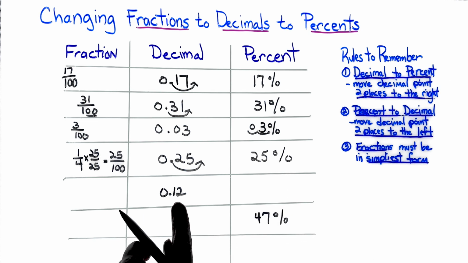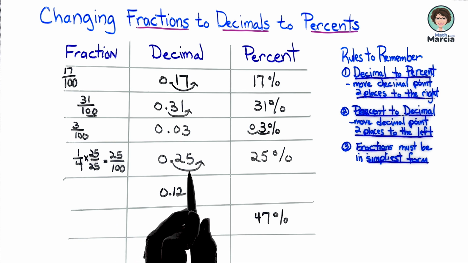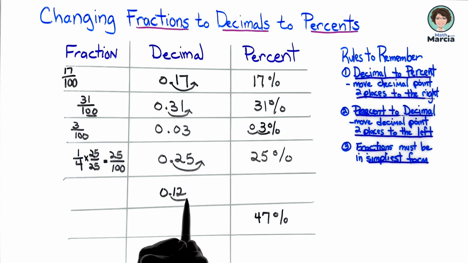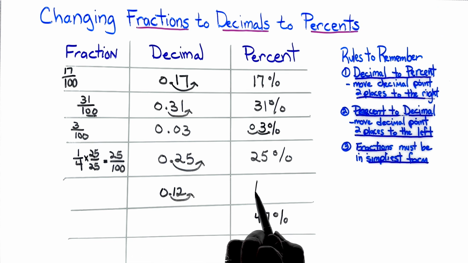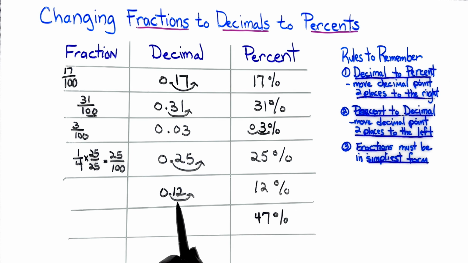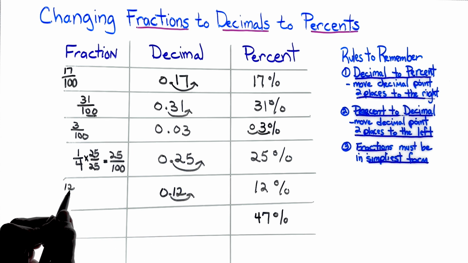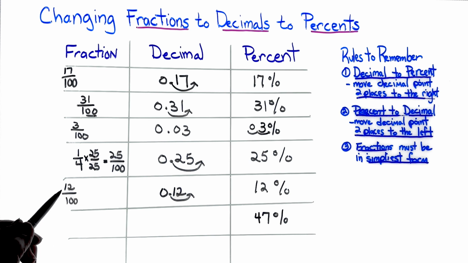Let's look at this next one. We can start and change it to a percent first. So I know, just like what we did up above, I have to move 2 places to my right, and that is going to just be 12%. But now I'm going to write 12 hundredths as a fraction. And you heard me say 12 hundredths. Well, they're both even.